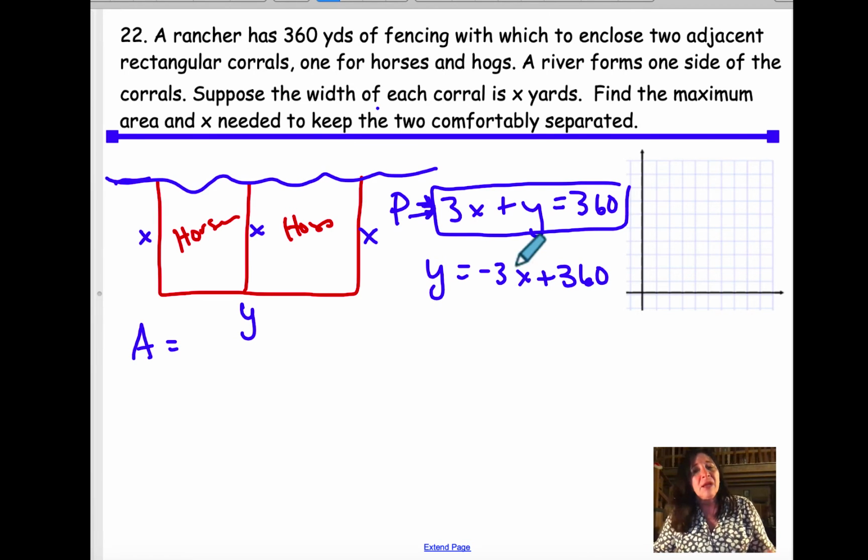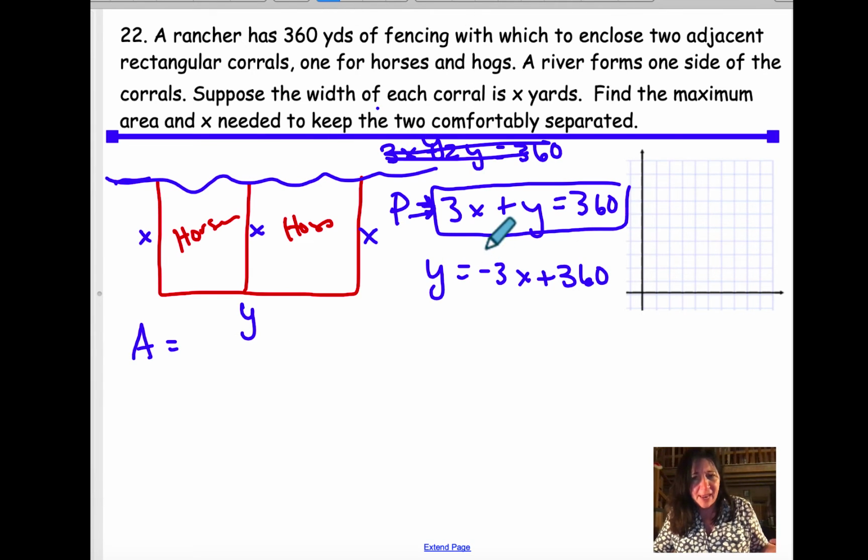If you didn't have a river on this side, this would also be y, and it would be 3x plus 2y equals 360, which means I would still move the 3x over, but then I would have to divide by 2. But we don't have to do that for this problem because there's a river on the other side. So this is what y equals.